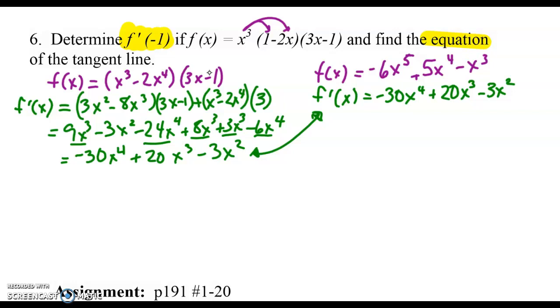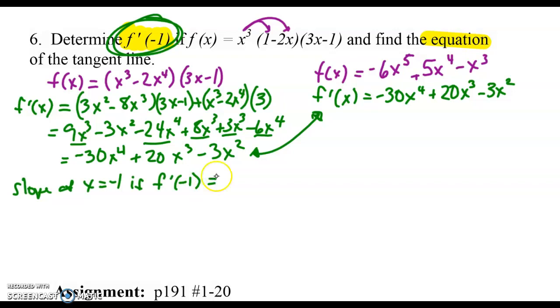Okay, so we've found the derivative now. Let's find the derivative, this answer, at x equals negative 1. So we want to know the slope of the tangent line when x equals negative 1. So the slope at x equals negative 1 is f prime of negative 1.